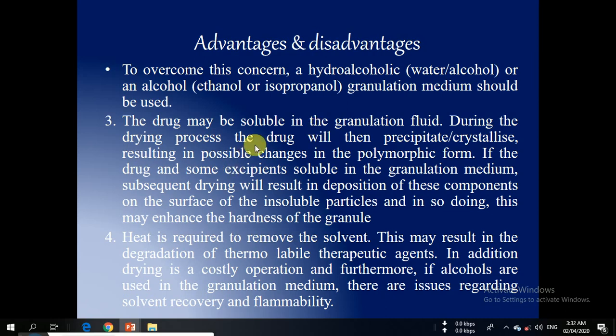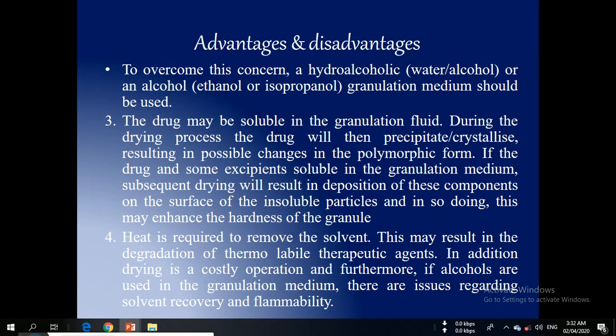During the drying process, the drug will then precipitate or crystallize, resulting in possible changes in the polymorphic form. If the drug and some excipient are soluble in the granulation medium, subsequent drying will result in deposition of these components on the surface of insoluble particles, and in so doing this may enhance the hardness of the granules.